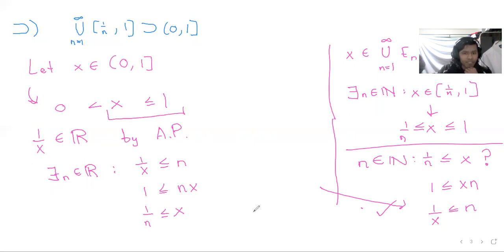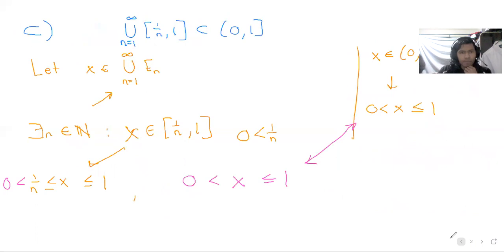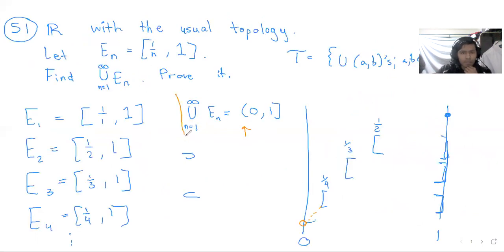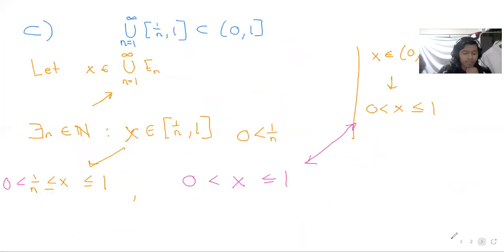And we have this as well, x is less than or equal to 1, so 1 over n is less than or equal to x, which is less than or equal to 1, which is what we have over here in our equivalent. So therefore, they are equal.